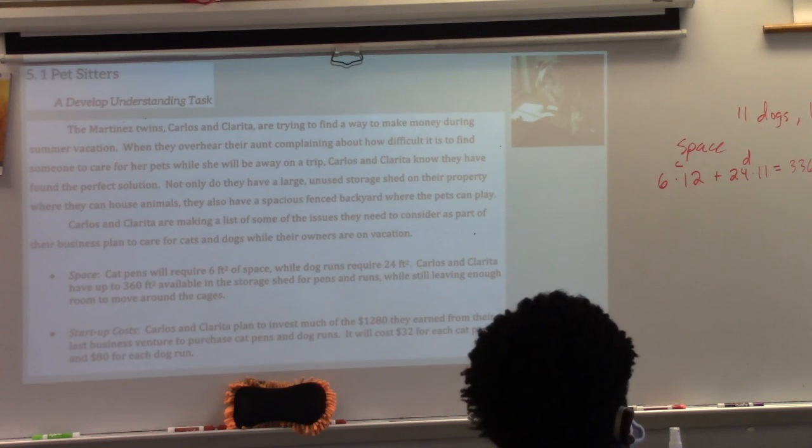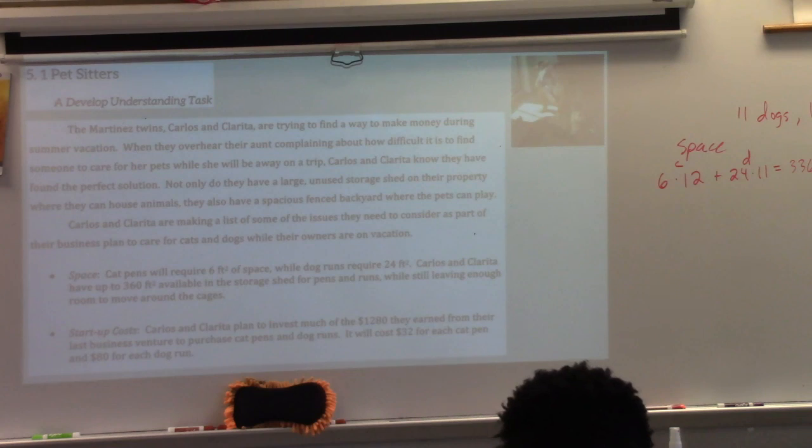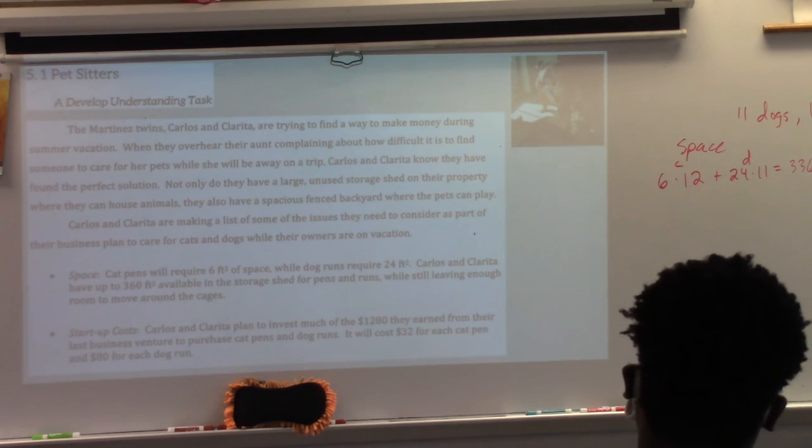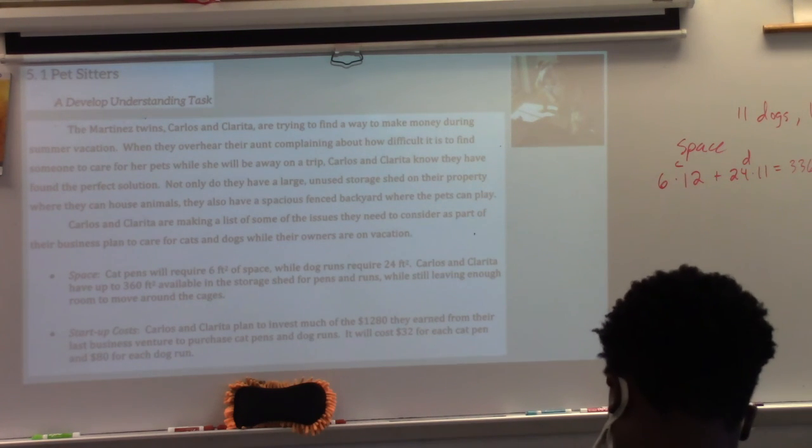What about cost? We did 12 times 32 for the cats and 11 times 80 for the dogs. Okay, and so what did that come out to be for the cost? 1,264.